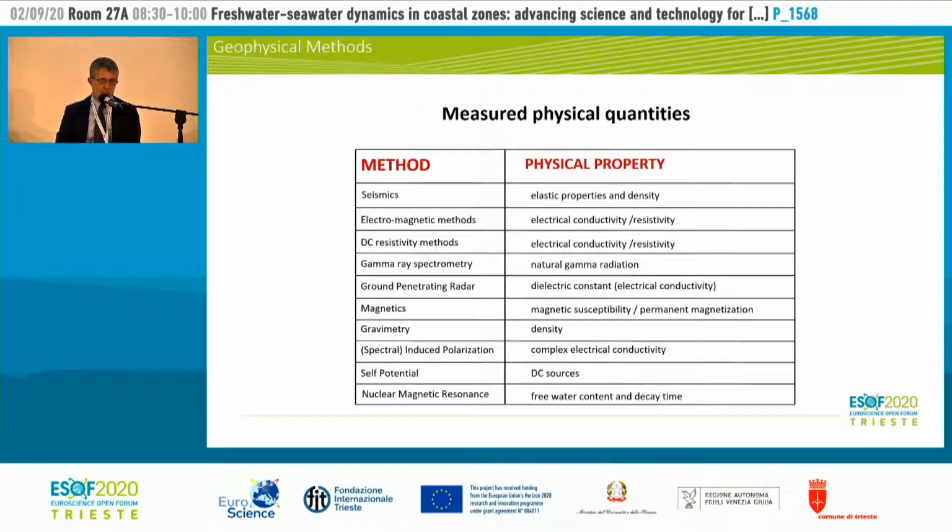And these happen to be the ones that are more useful in hydrology, because the electrical properties of water are extremely peculiar, because water is a polar molecule. So it alters the electrical properties of the ground in a way that geophysical methods based on electrical properties see water very well.